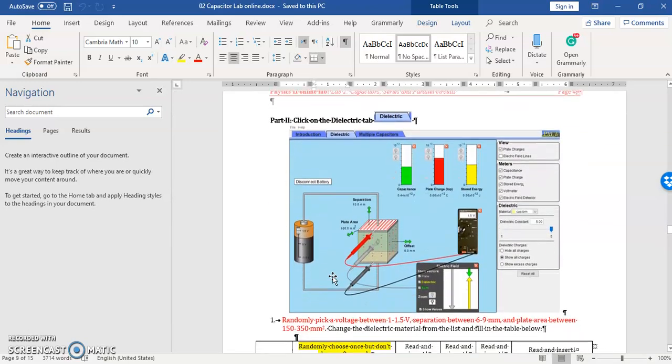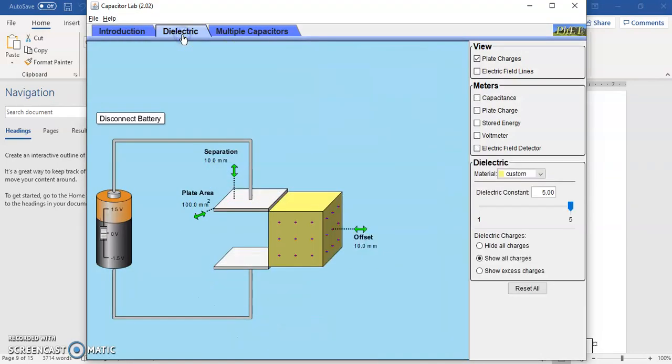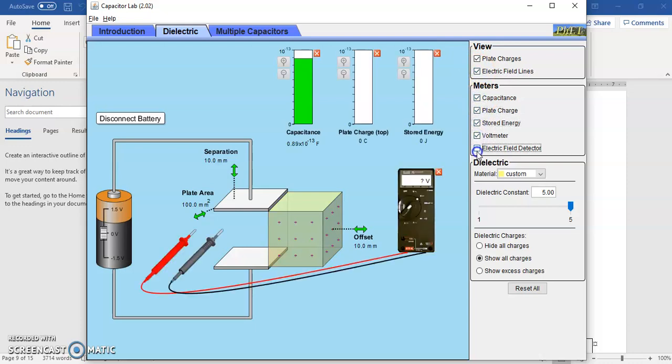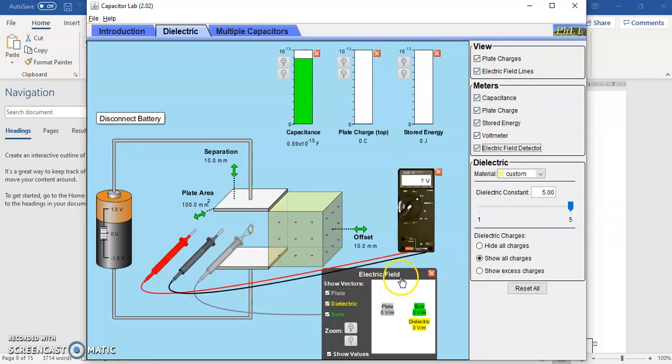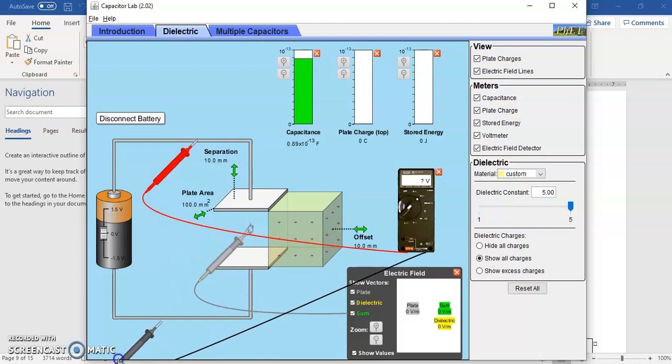The next part is to put in a dielectric. If I go to the next tab and put a dielectric in the middle, things are going to change. Again, I'm going to ask for all the things that I asked before. You can connect one probe all the way to the top and the other to the bottom so that you are able to read the voltage.